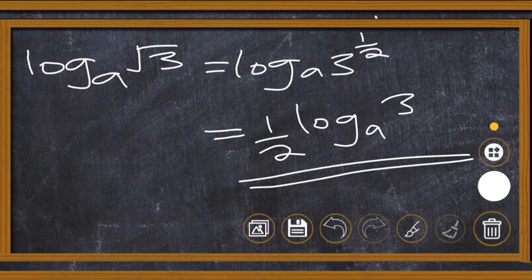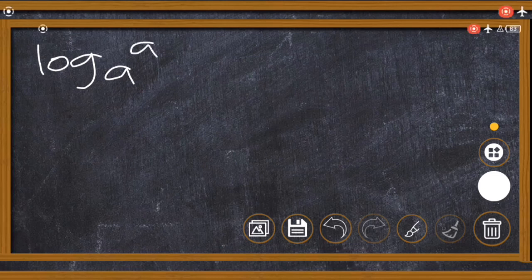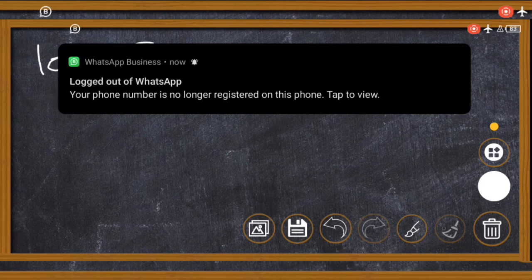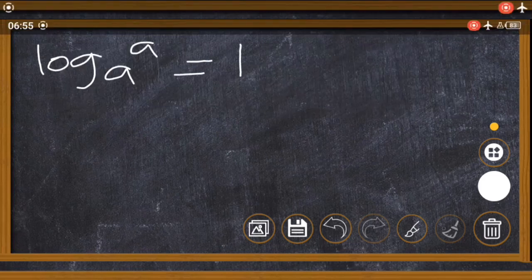So hopefully you have gotten some concepts. However, there are two special logs that we go through. There are two rules that we call special logs, or rather special logarithm functions. When you have the same values, let's say base a and a, where a and a are values, this is always equal to 1.